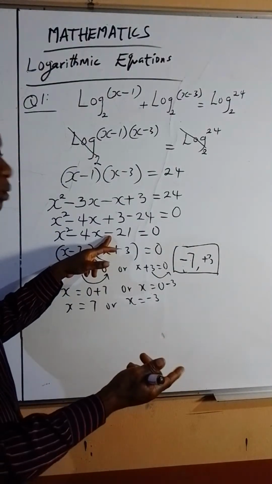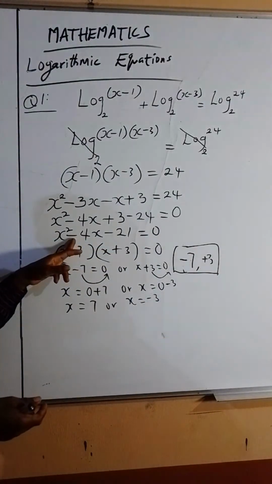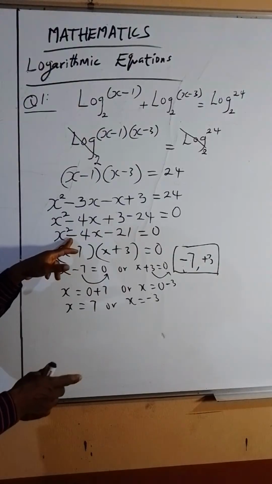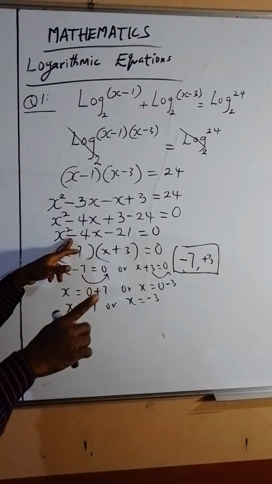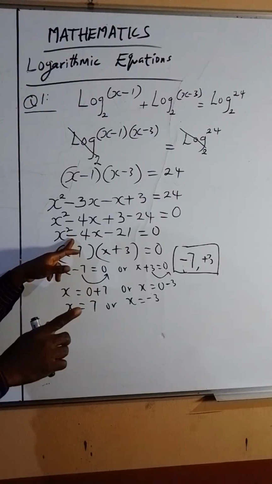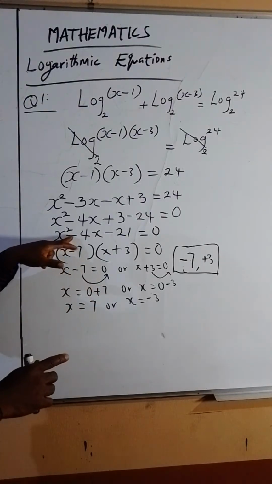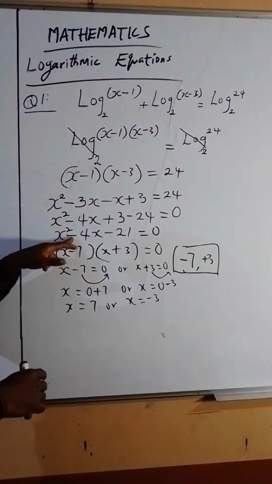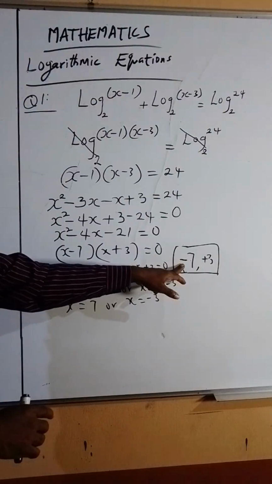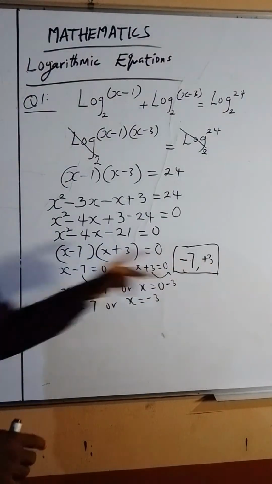To answer that question, you come here. The bigger number is the one that will take minus, because here our result is minus. So whatever sign you have here, give it to the bigger number. This is minus, so you put minus here and put plus on the smaller one, because that's what you have here.